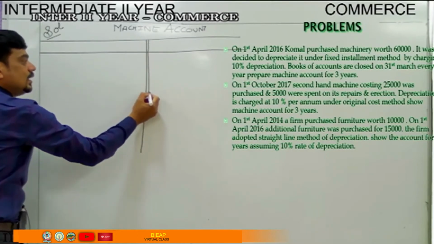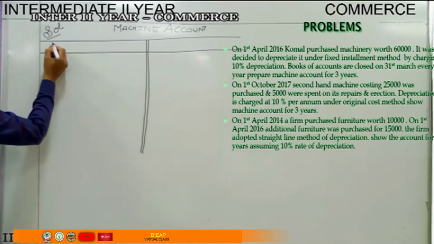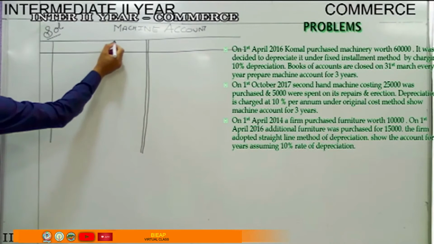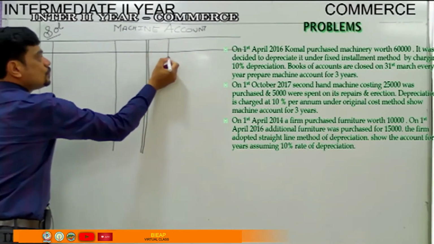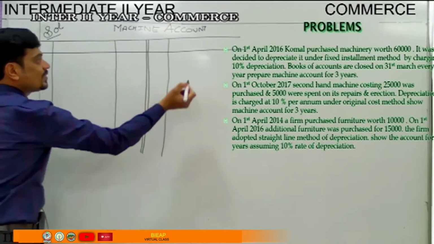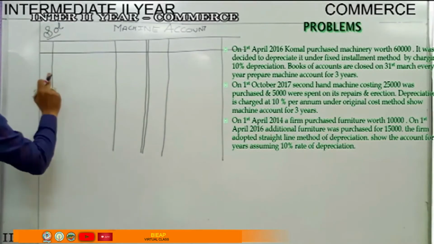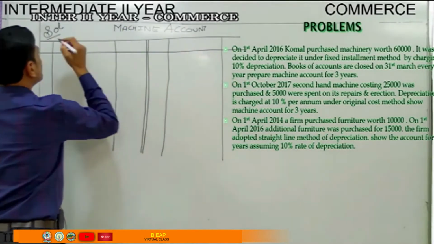Give a thick line so that there are debit side and credit side. Now give the columns: date column, particulars column, amount column. Always use pencil. Don't draw the account with pen, and use a proper scale. Date, particulars, amount on both sides.